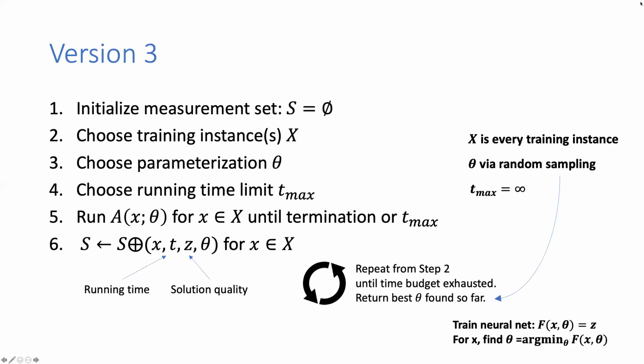And then after collecting lots of data, we basically use steps 2, 3, 4, 5, and 6 as just a data collection process for supervised learning. After we train this neural net, for any given instance x, we ask: what is the theta that minimizes the response variable of this neural net under input x?